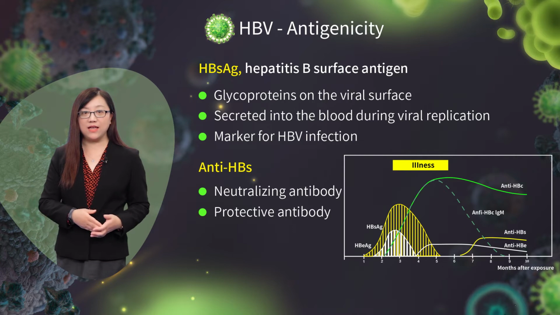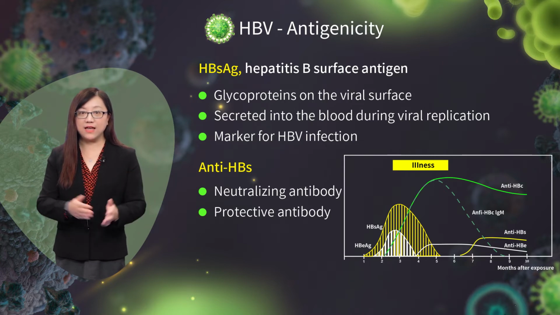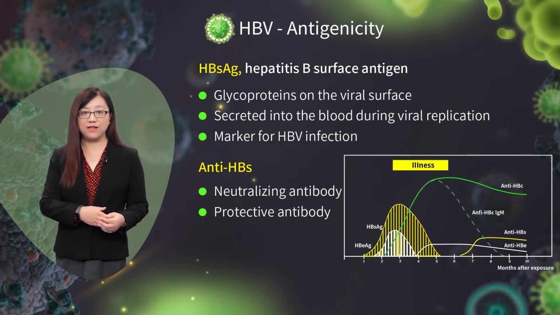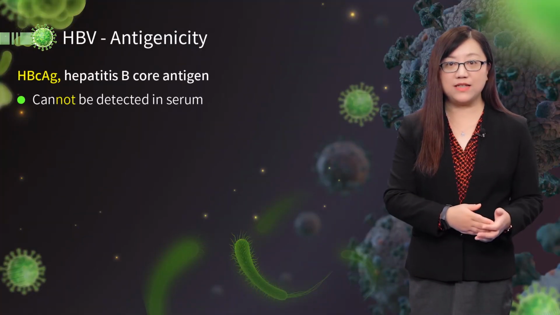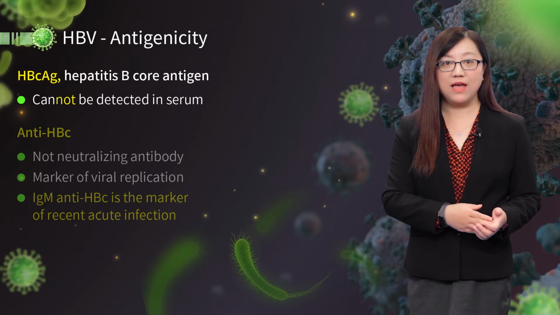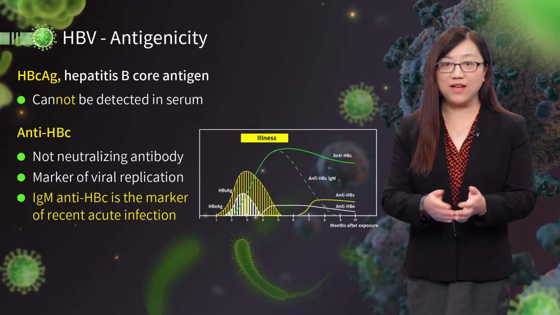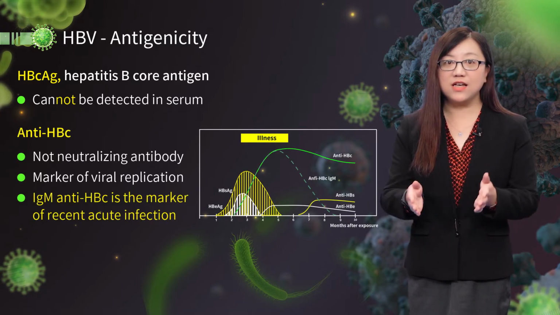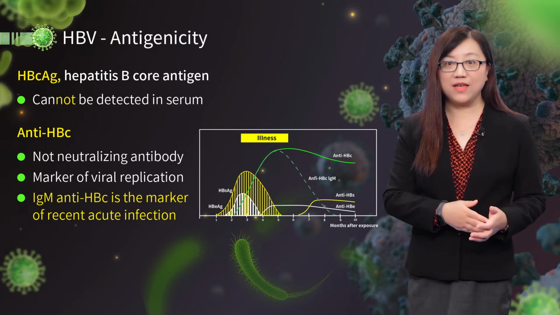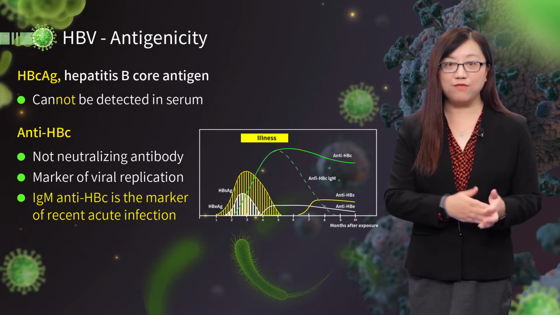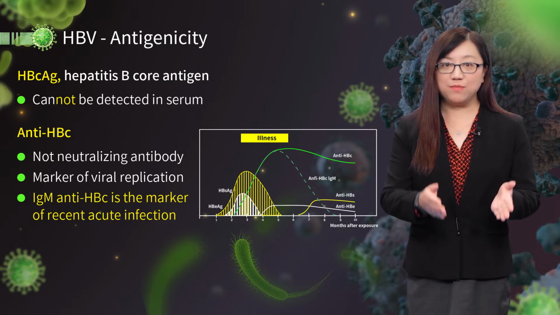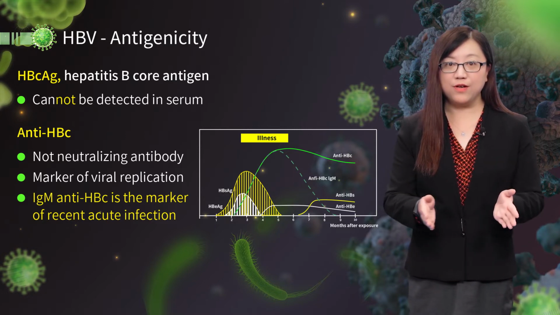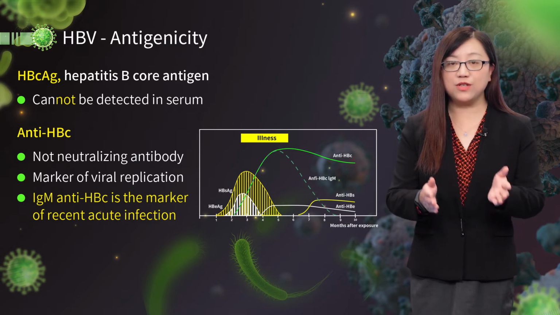Anti-HBs antibody is a neutralizing and protective antibody. HBc antigen cannot be detected in serum. Anti-HBc antibody is not a neutralizing antibody and is a marker of viral replication. IgM anti-HBc is a marker of recent acute infection.